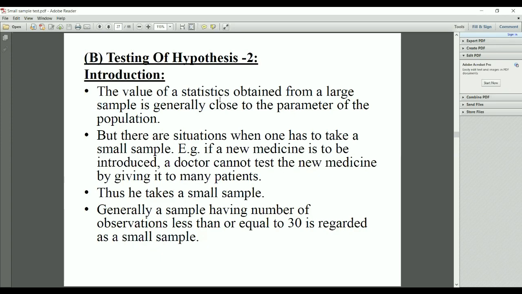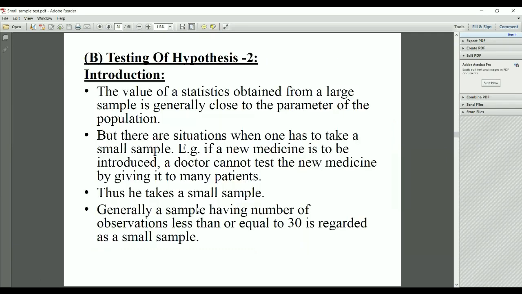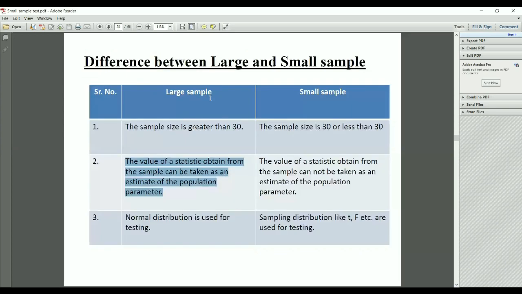So this is the difference between a large sample and a small sample. In the large sample, the sample size is greater than 30, and in the small sample, the sample size is less than 30. In a large sample, the value of the statistic obtained from the sample can be taken as an estimate of the population parameter.